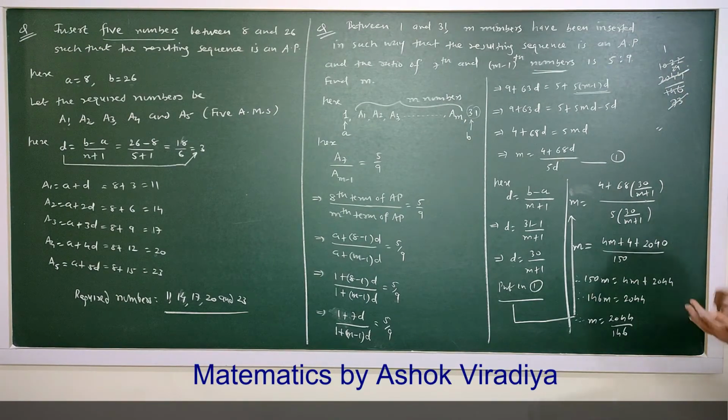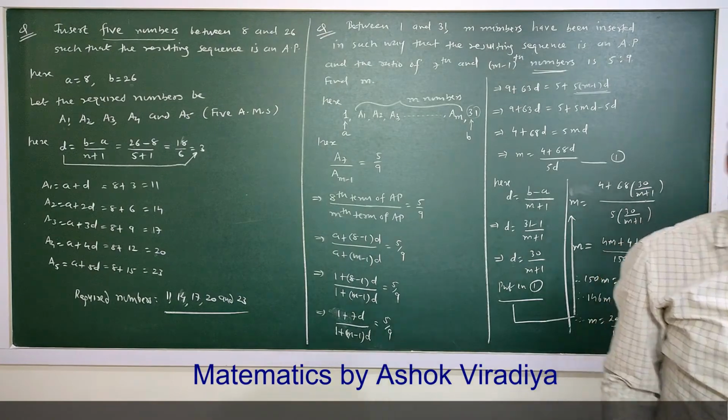So, it is 292. Now, 73 into 4 is 280 plus 12, 292. So, the value is 14. So, this was the application of n arithmetic means between given two numbers.